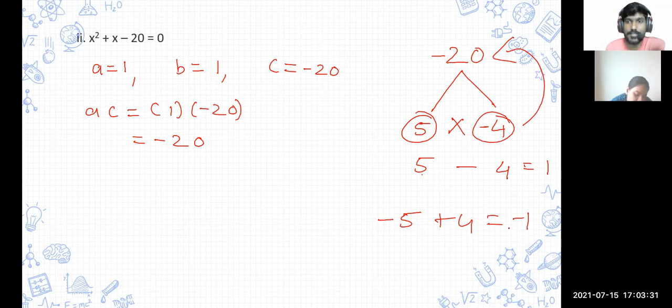So you have to be careful with the signs also. Which sign you want, accordingly give the sign to the numbers. Fine? So will you do this? Yes, you can take a screenshot of this.